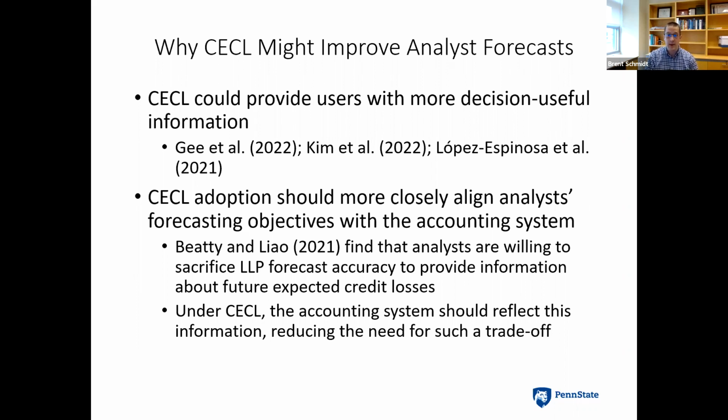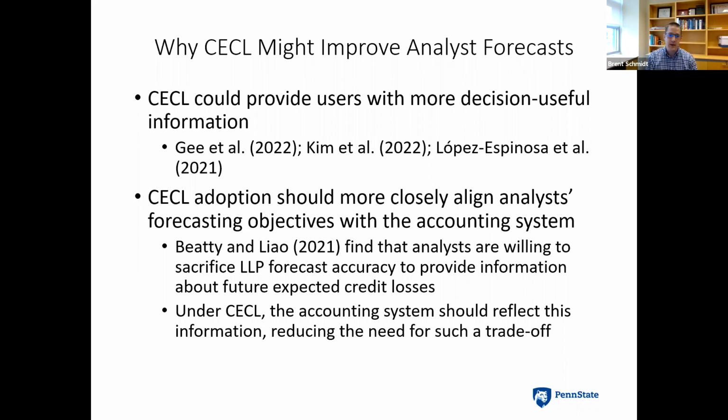So we think ex ante it's certainly reasonable that analysts would be able to use this information to improve their estimates of the fundamental economic losses of the loan portfolio. And in fact, building off of that idea, I just mentioned the Beatty and Liao 2021 paper.